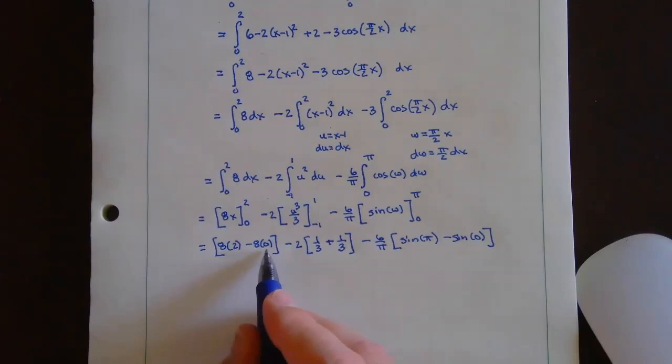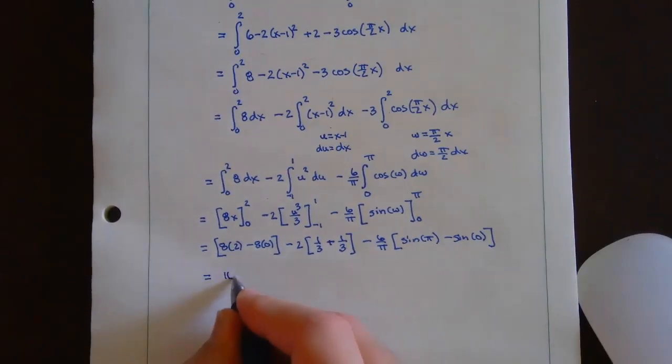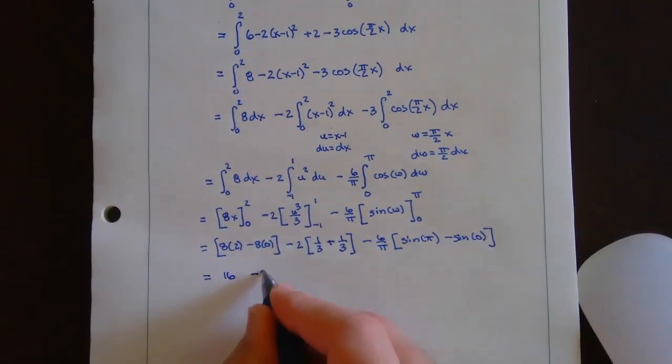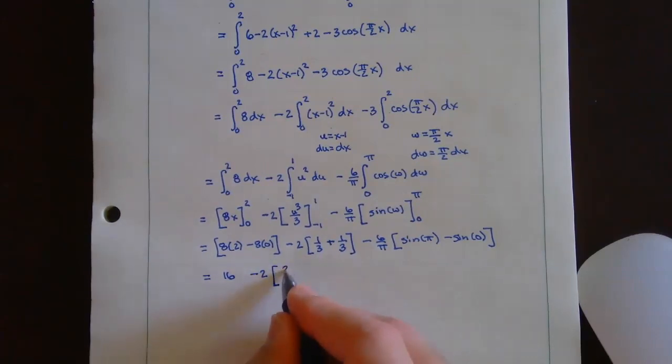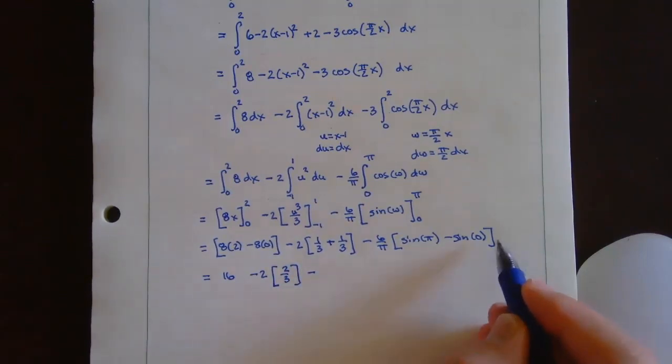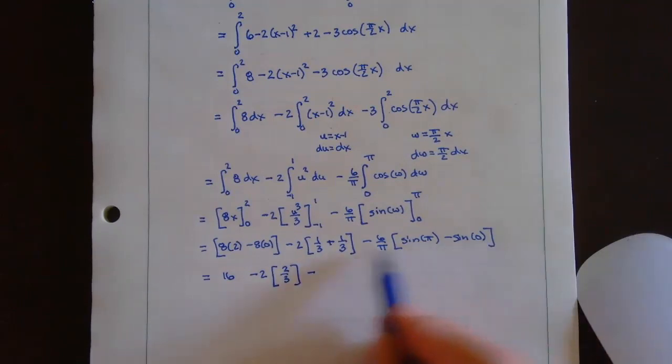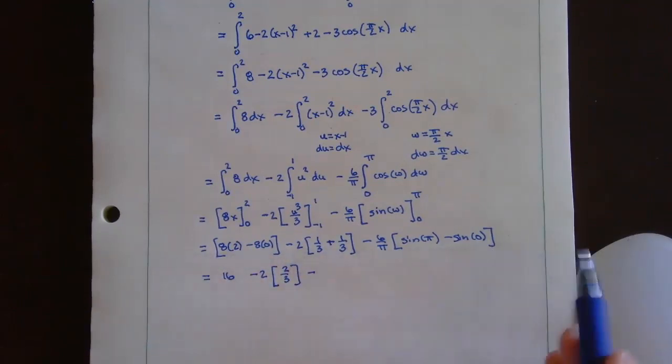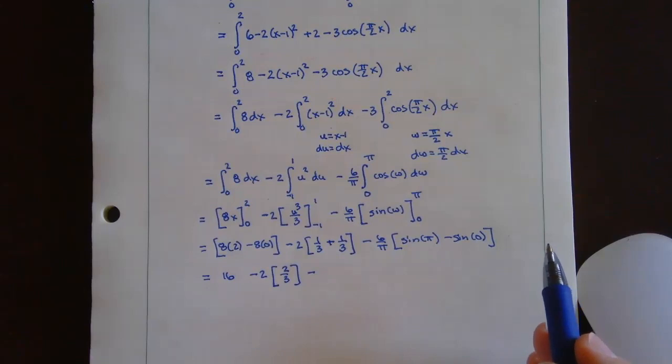Okay, so this would be 16. This would be minus 2 times 2/3, minus, and you know what, I should say this right now. Right now, if you left your answer right here like this, it's the right answer, okay? All right.